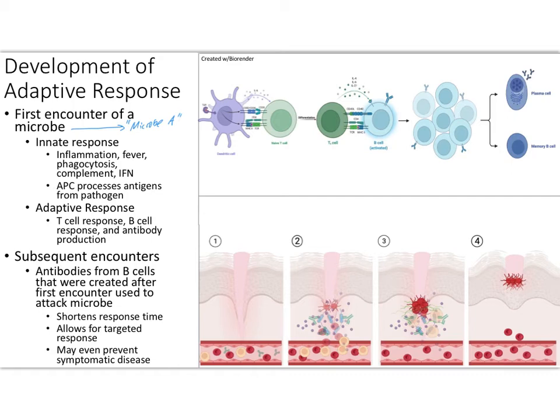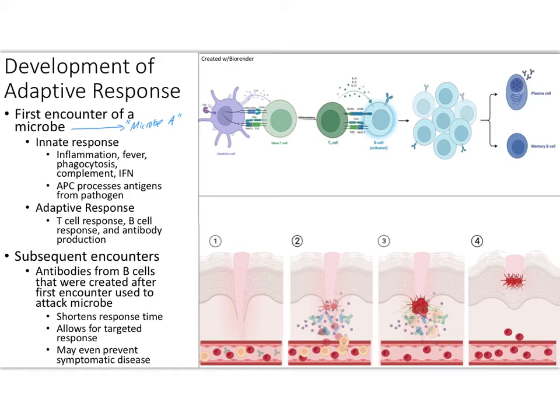And the first time we see microbe A, whether we are a month old, 5 years old, 10 years old, 23 years old, 89 years old, whenever it is in our life that we see microbe A for the first time and it gets inside our body for the first time, our innate response is going to kick in.